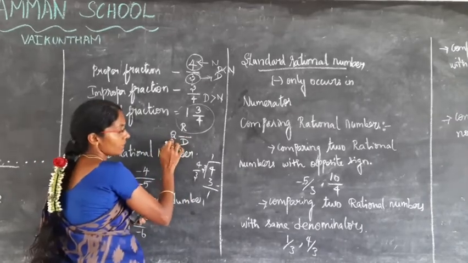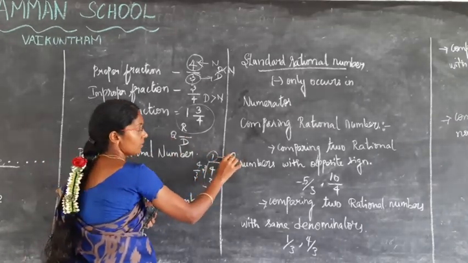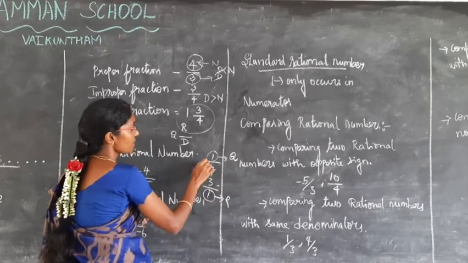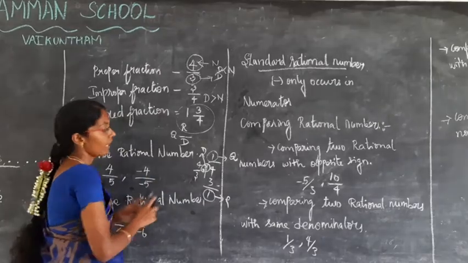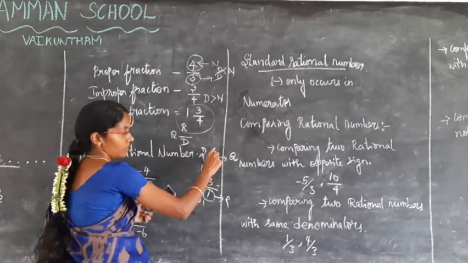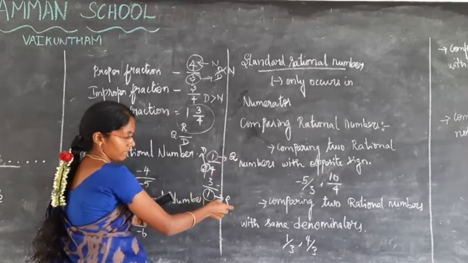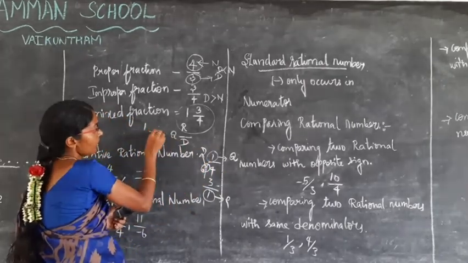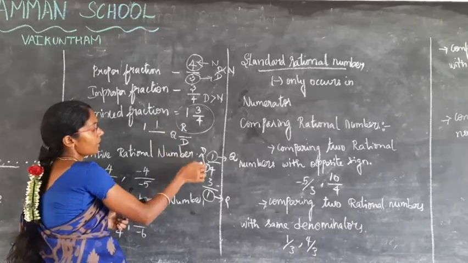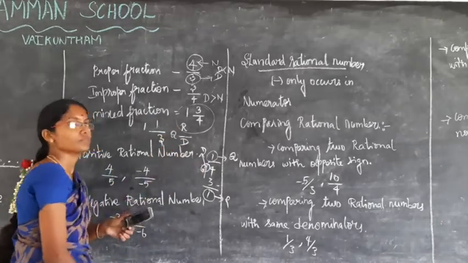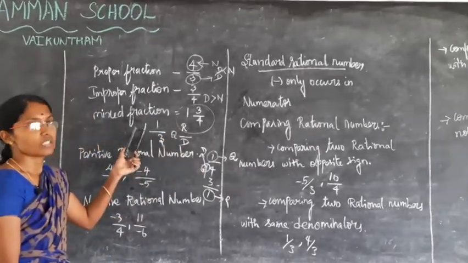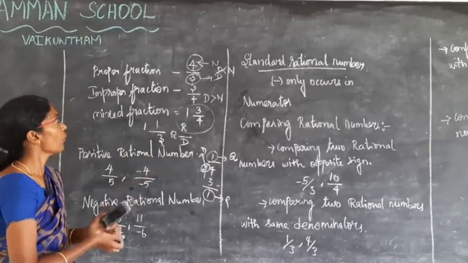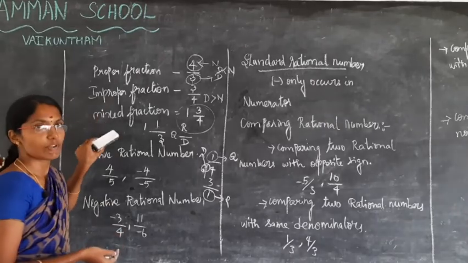This one is the quotient, this one is the remainder and this one is the divisor. So quotient 1, remainder 1, divisor 3. If you write it like this, it is a mixed fraction. Are you all clear about proper, improper and mixed fractions?